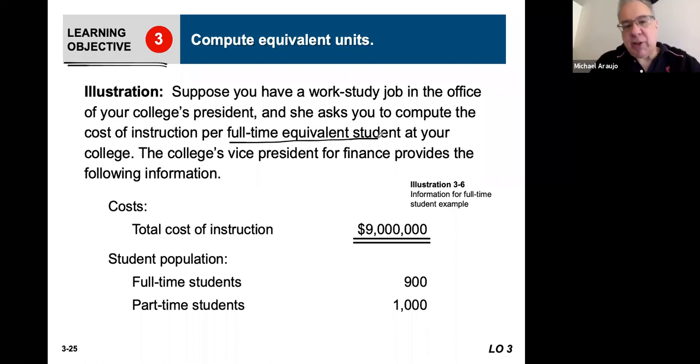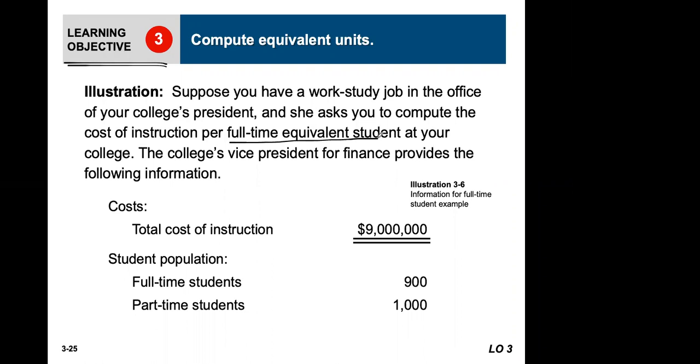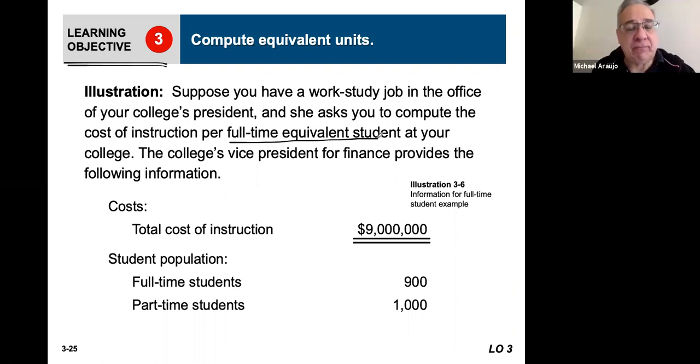All right, so this is the situation here to understand, and your introduction to equivalent units. Let's say you have a work-study job in the office of the president of the college, and she asks you to compute the cost of instruction, so it's the cost of teaching you, per full-time equivalent student, at your college.